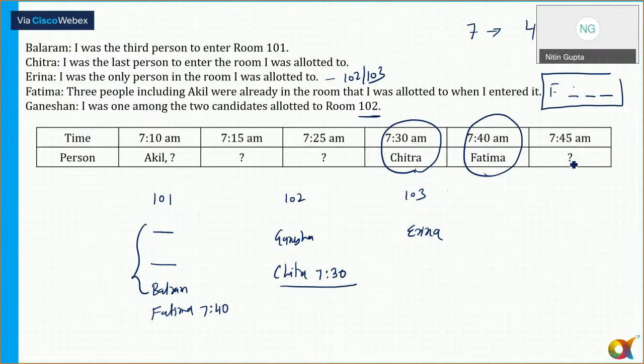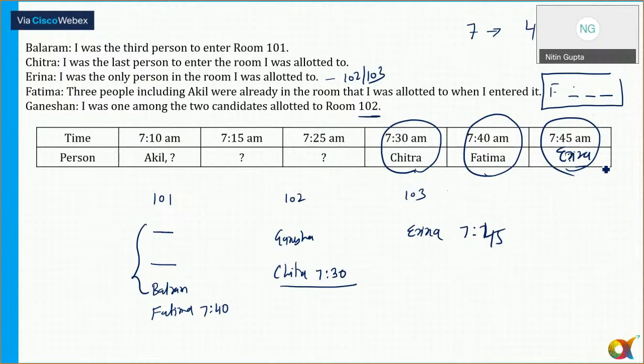So who can arrive at 7:45? The only possibility is Irina. So Irina definitely arrived at 7:45. Because Ganesan has to be before 7:30, and the remaining person has to be before 7:30.